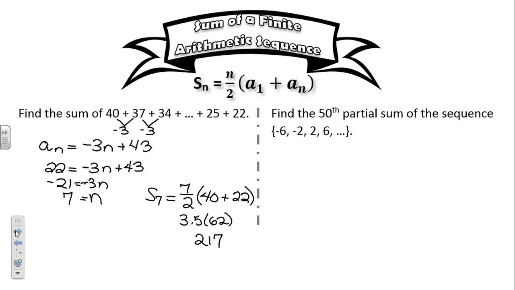All right, last one. Find the 50th partial sum of this sequence. So it's one that goes on forever. It's an infinite sequence. We want to know what's the 50th partial sum.